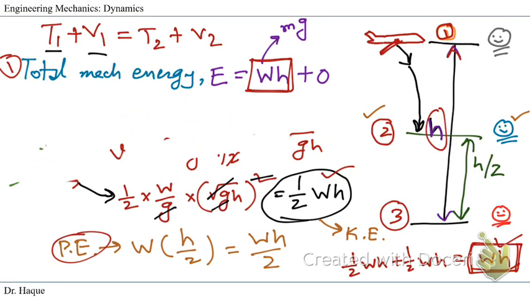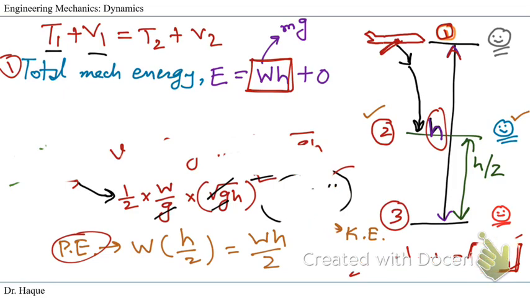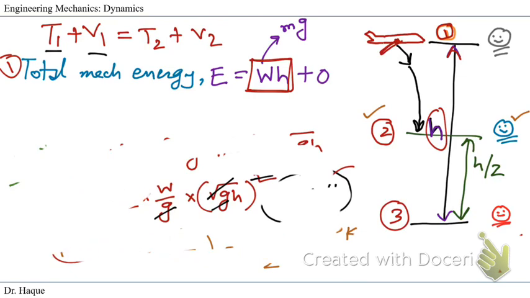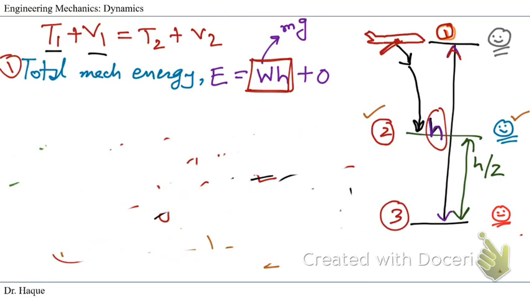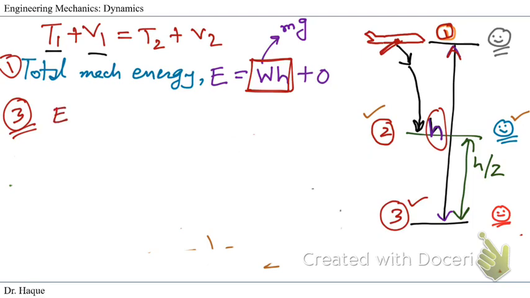We go to the last position, which is position 3, and let's see what we get for total mechanical energy. For position 3, which is at the ground, the total mechanical energy E3 equals the sum of the kinetic and potential energy.